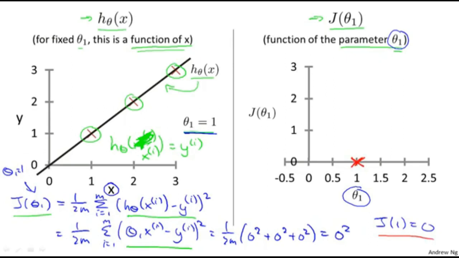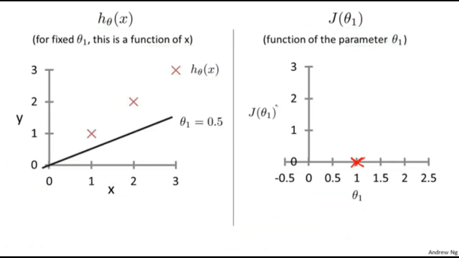Now let's look at some other examples. Theta 1 can take on a range of different values, right? So theta 1 can take on negative values, 0, or positive values. So what if theta 1 is equal to 0.5? What happens then? Let's go ahead and plot that. I'm now going to set theta 1 equals 0.5, and in that case, my hypothesis looks like this.